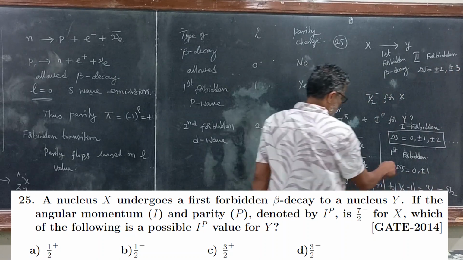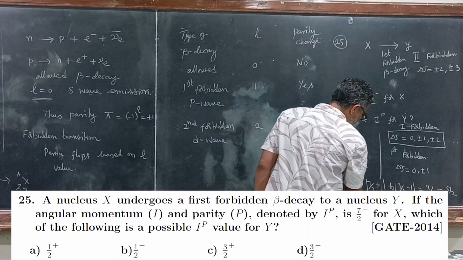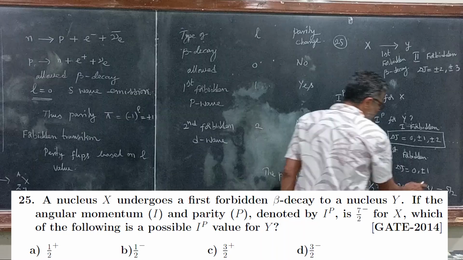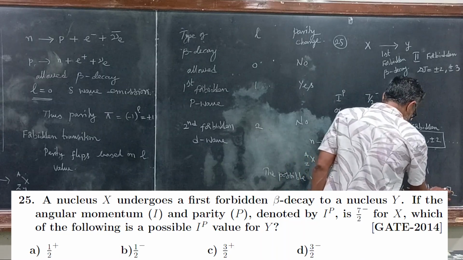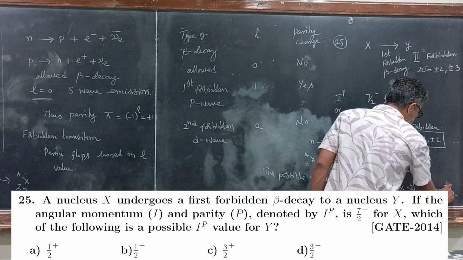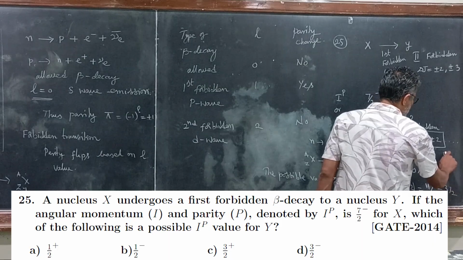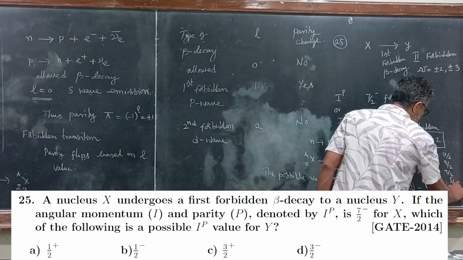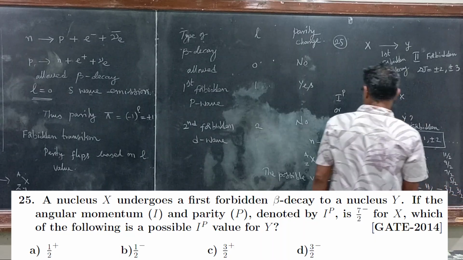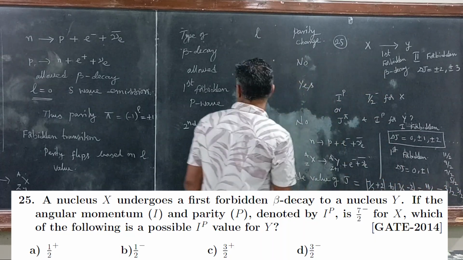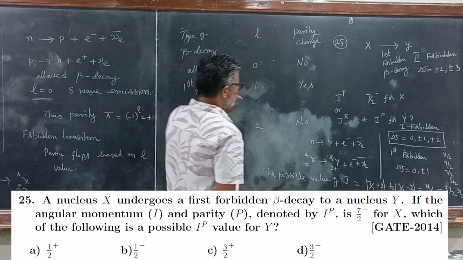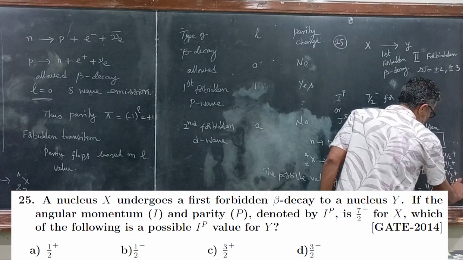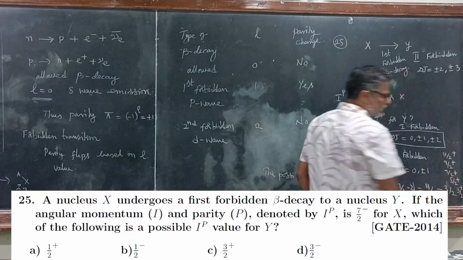If we include this, plus or minus 2 gives 11 by 2 down to 3 by 2 in steps of 1: 11 by 2, 9 by 2, 7 by 2, 5 by 2, 3 by 2. And the parity must change. If the initial parity is minus for 7 by 2, these should all be plus. So these are all the possible states.